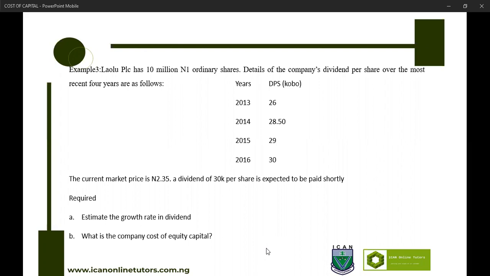What will represent our N here? N will be 3. Thank you. So we've gotten all the information that we need to compute growth in dividend. Now let's determine the growth in dividend before calculating the cost of equity.